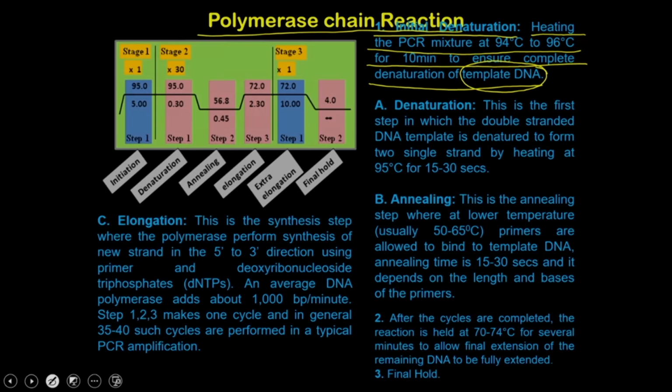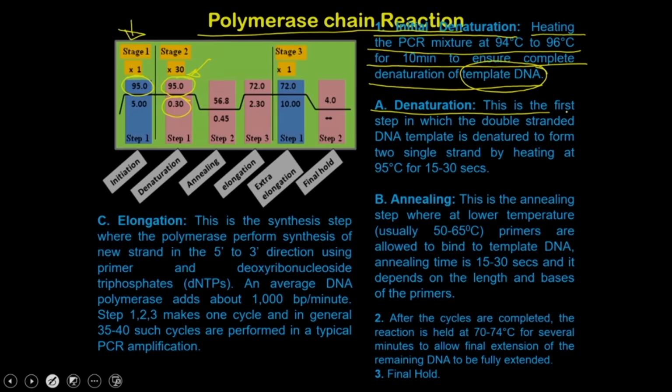When you start the PCR reaction, you first do the initial denaturation, where you heat up the mixture at 95 degrees Celsius for 5 to 10 minutes, and then you enter stage 2, where you again heat up the template for 30 to 45 seconds, and that is the denaturation step.